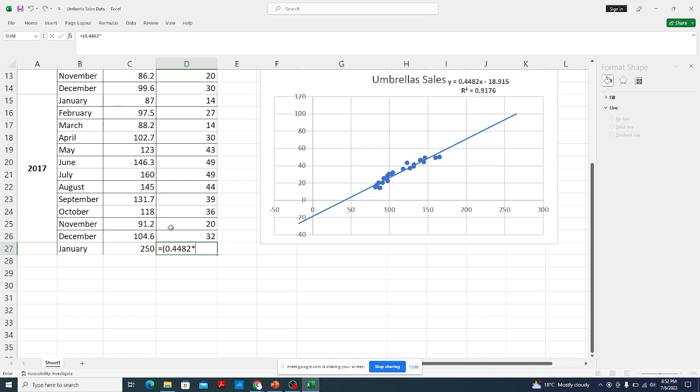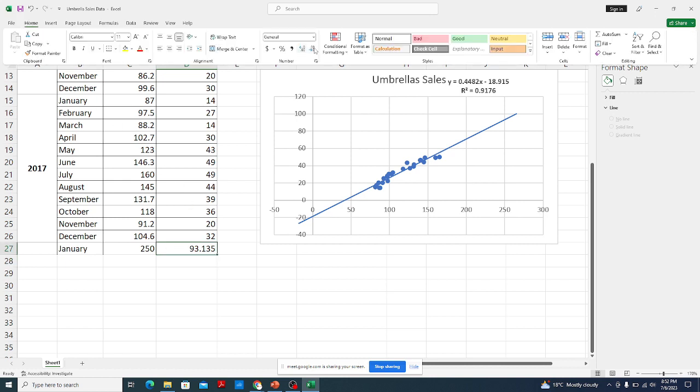Our x is 250 now. Multiply by 250, then minus 18.915, and then we'll be able to get the value of our umbrella sales.